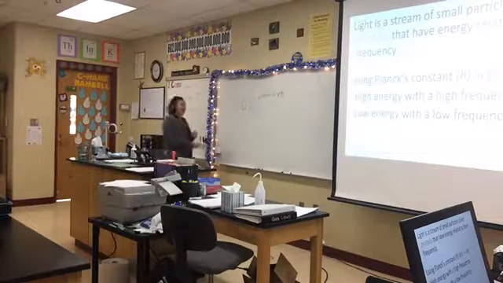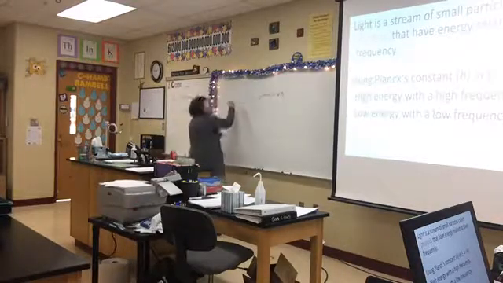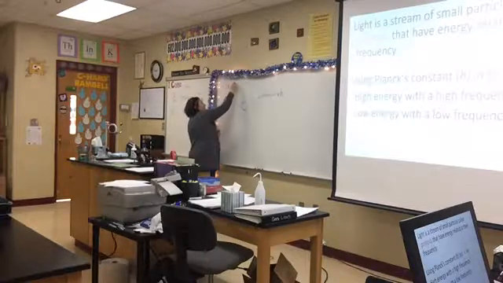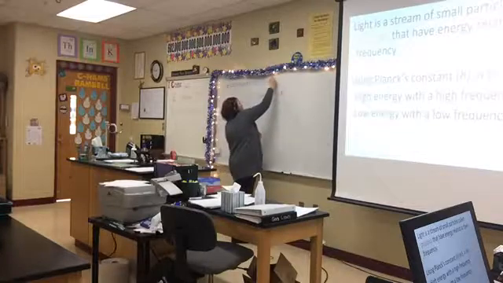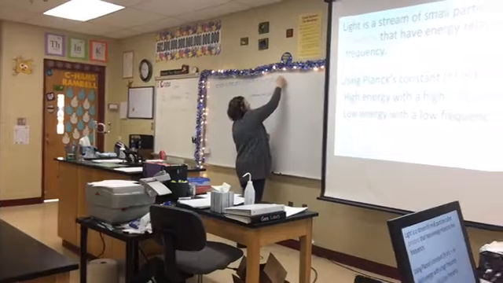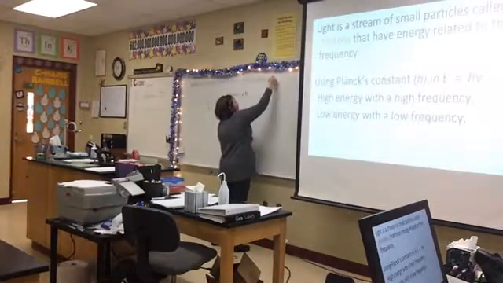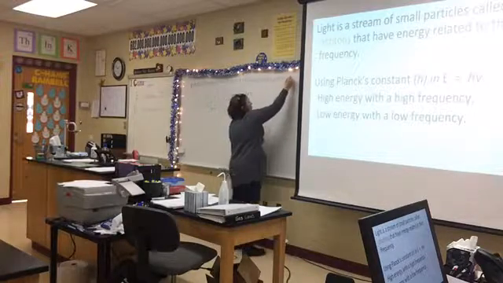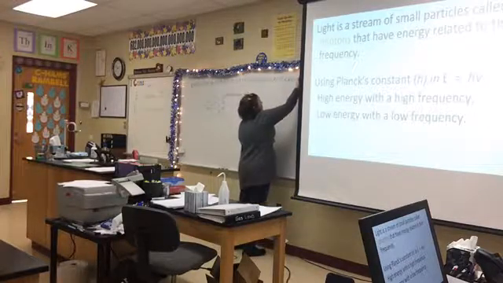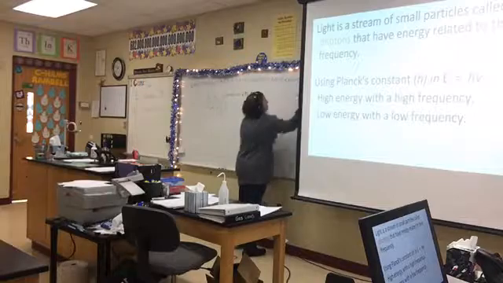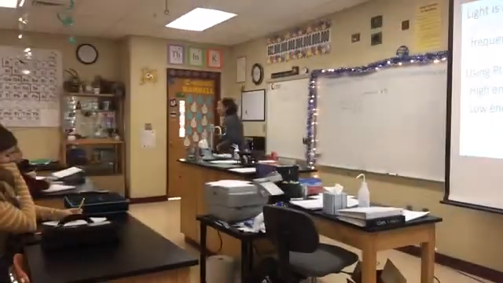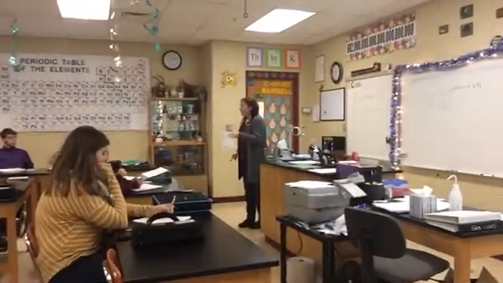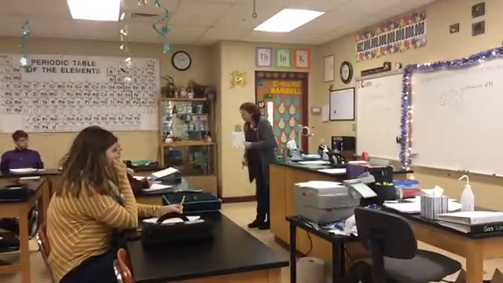Planck's constant is this. 6.626 times 10 to the negative 34th. That's Planck's constant. It's not 0, but it's pretty darn close, right?